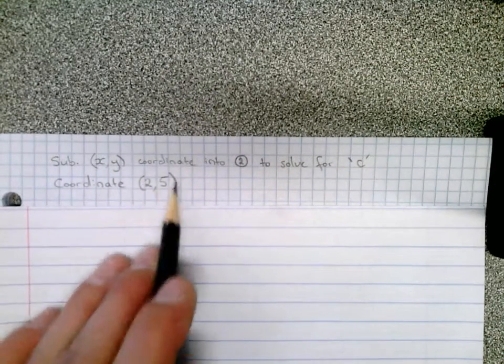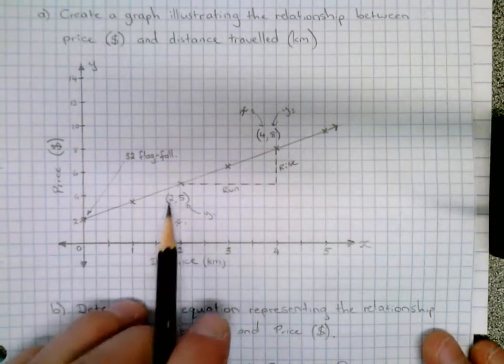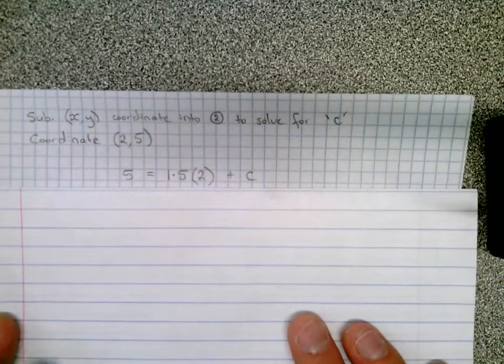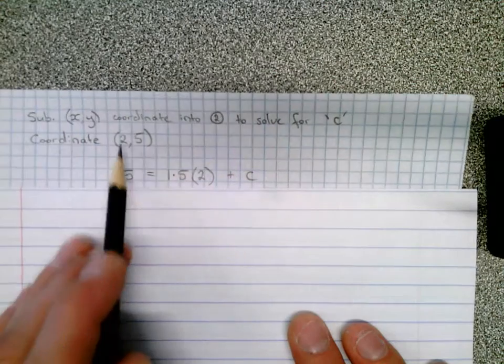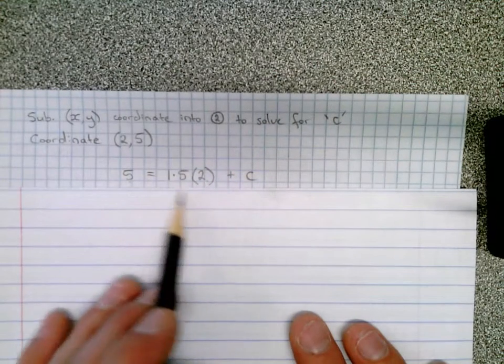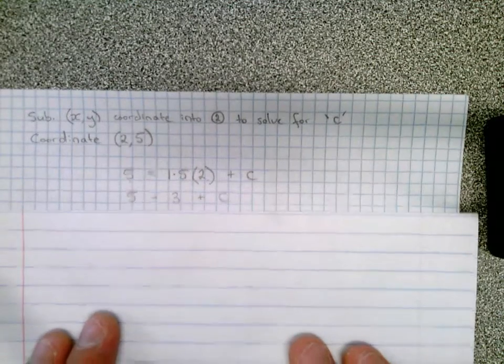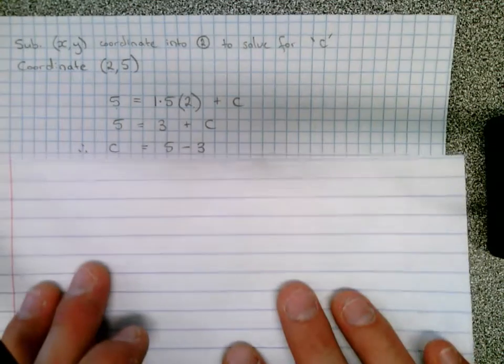The coordinate I'm going to use is 2 and 5. That coordinate I got from the graph here, and I've substituted it into equation 2. I put 5 in place of y and I put 2 in place of x, and I simplify this expression, which is 1.5 times 2, which gives me 3, and then rearrange to solve for c to get 2.